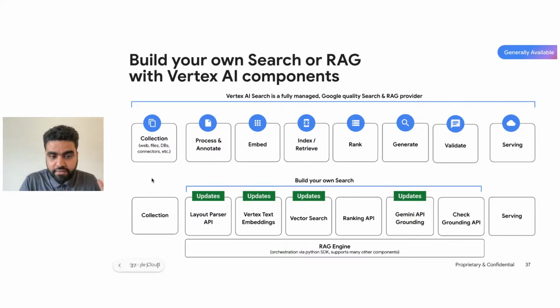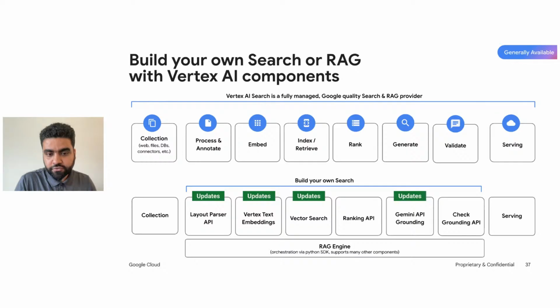From the collection of the data, you may leverage the layout parser, right? It's more about understanding how to chunk it, or how to parse it, right? And based on that, you can create text embeddings.